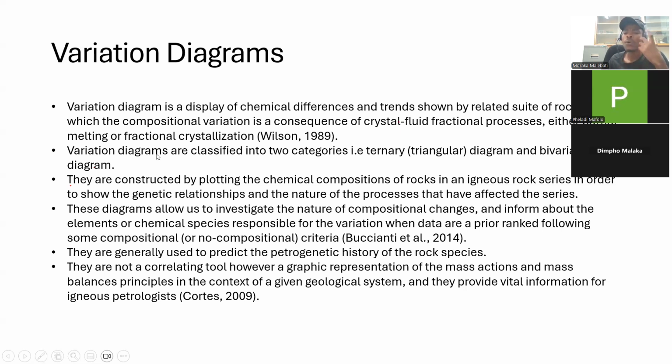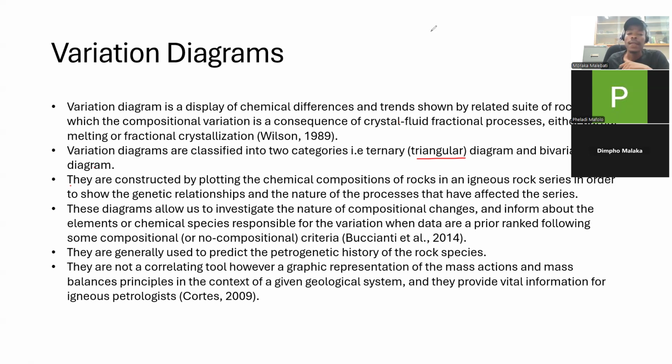The variation diagrams can be ternary, which are triangular and have three apexes, or bivariate diagrams, where we'll be talking about the Harker diagrams. And then AFM is ternary.